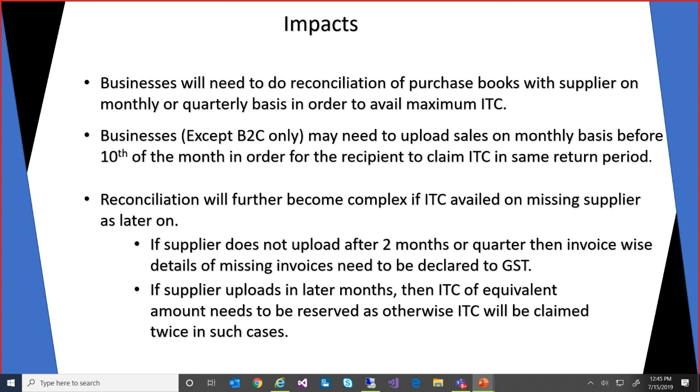And if the supplier uploads in a later month, then the ITC equivalent has to be reversed. Because if you have claimed the credit on the basis of missing invoices, and once the invoices are uploaded, the ITC equivalent to the missing invoices you have to reverse. So those things will come into the picture, and this will make your reconciliation process a little bit complex.